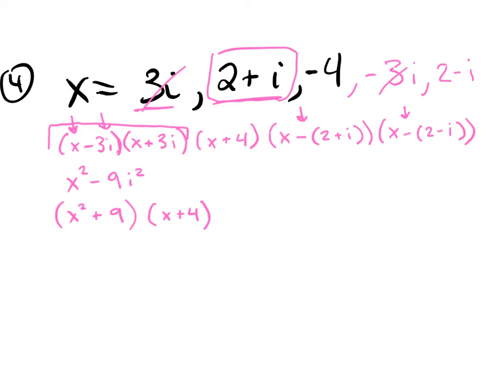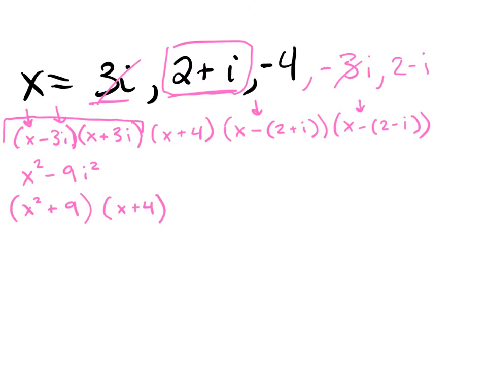But first I want to multiply these two conjugates together. The first thing I'm going to do here is distribute the negative in both of these parentheses. So this now becomes x minus 2 minus i and x minus 2 plus i.